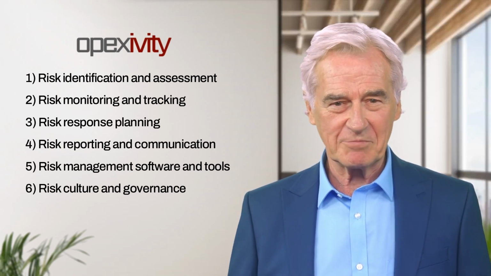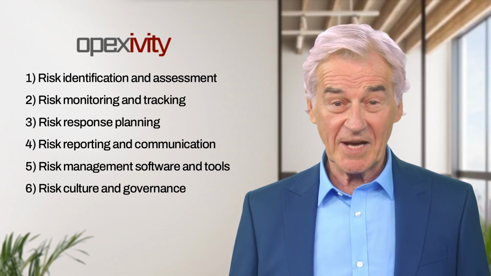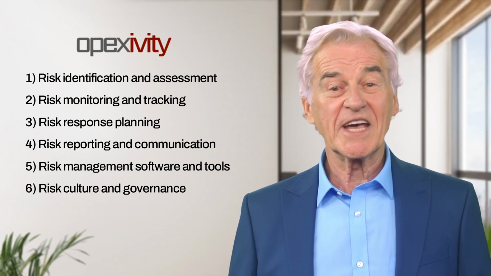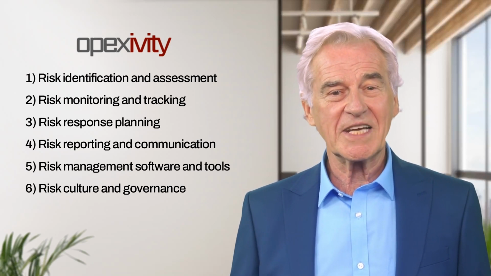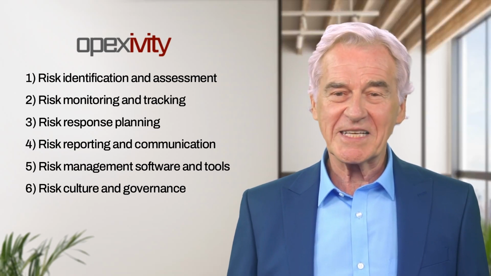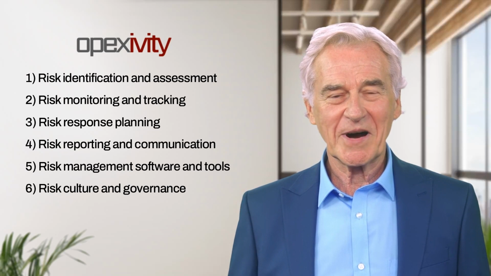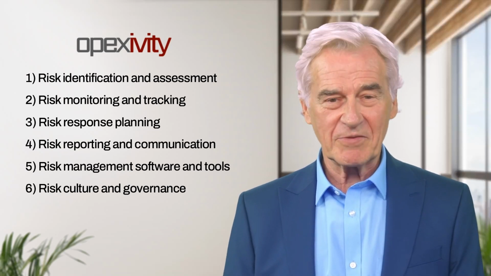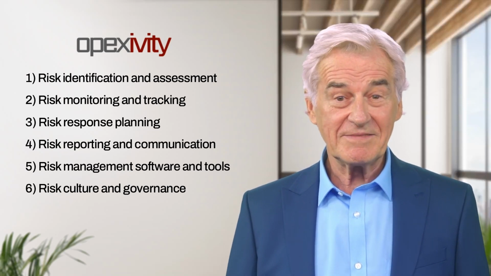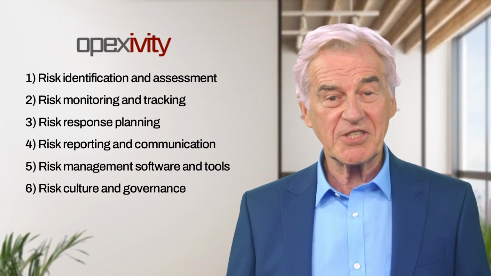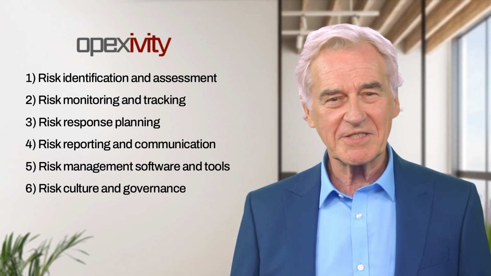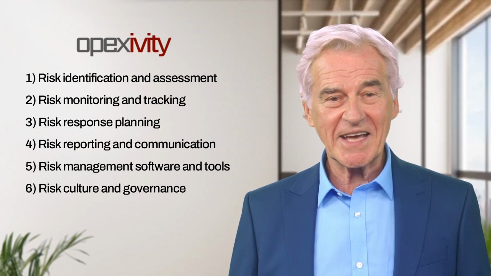2. Risk monitoring and tracking, for continuously monitoring identified risks and tracking their status to ensure that they are properly managed. 3. Risk response planning, which is developing and implementing plans to mitigate or manage identified risks. 4. Risk reporting and communication, for sharing risk information with stakeholders and project management. 5.